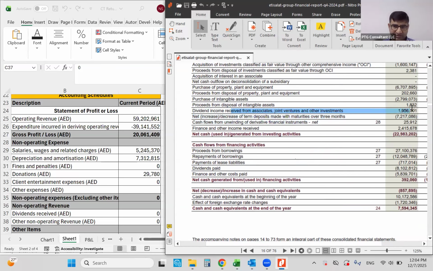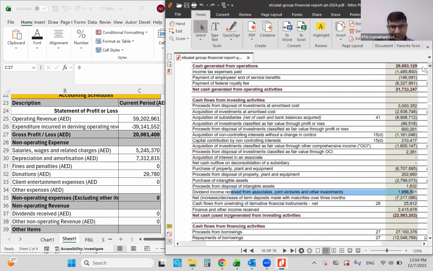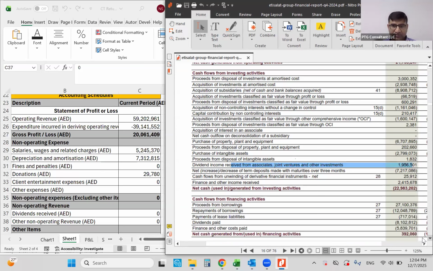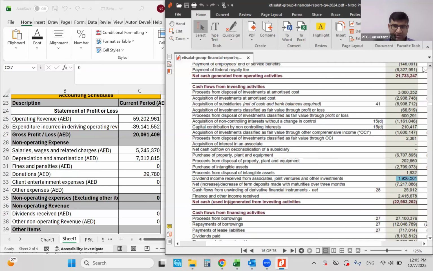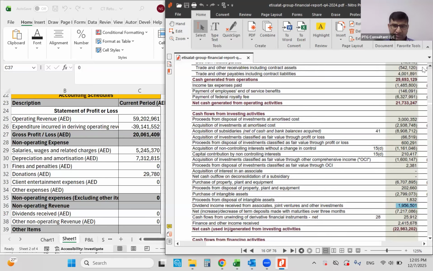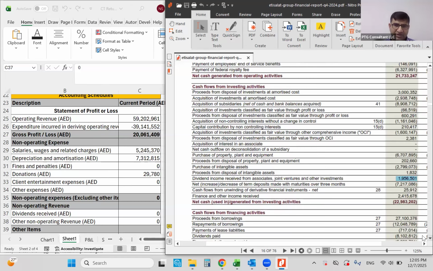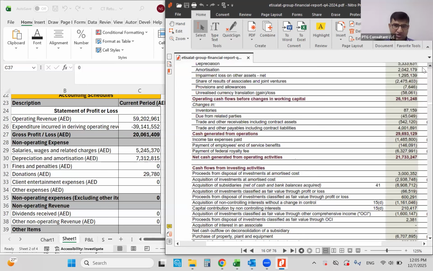Normally, take this from... no, don't take it from cash flow. Yes, this is coming from cash flow. No, don't. Do you want me to verify this number from the income statement as well? Either take the figure from the income statement or the notes to the accounts. Go to the income statement first. If not found, then go to the notes to accounts.